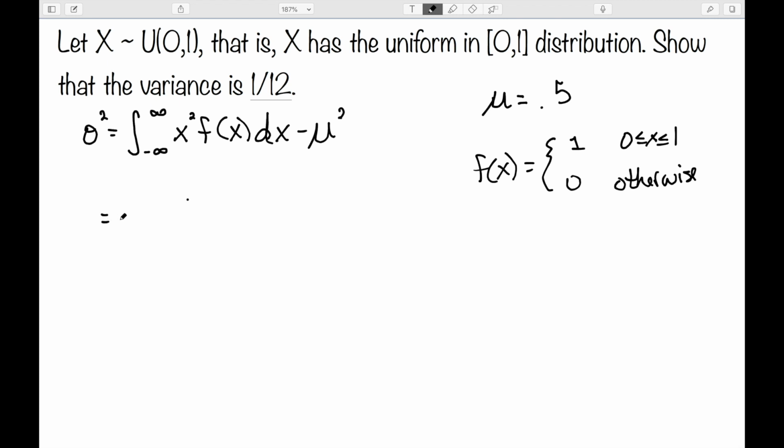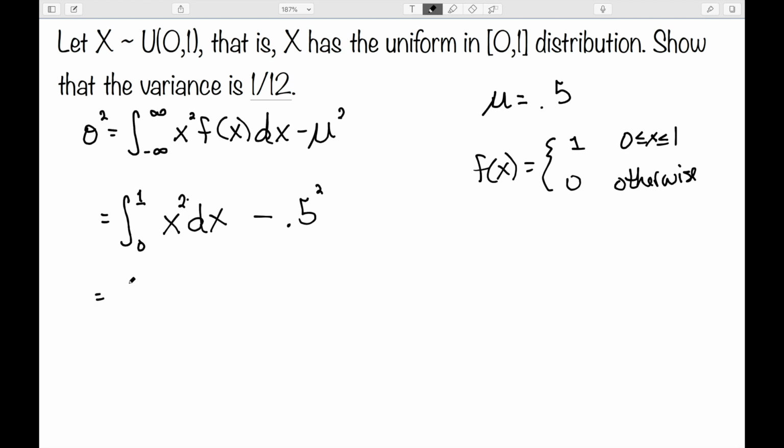So when I do this integral, the integral from negative infinity to 0 is 0. The integral from 1 to infinity is 0. So we really only need to consider the integral from 0 to 1 of x squared times f of x, which is just 1. Once we integrate that, we need to subtract the mean squared.